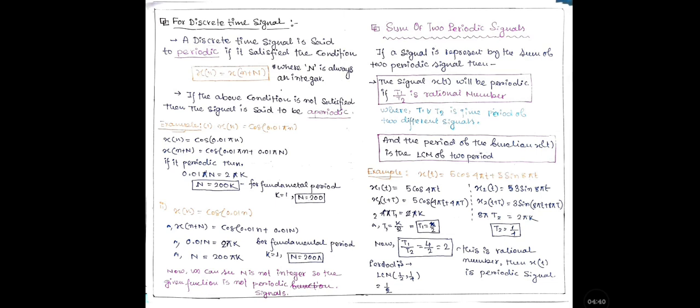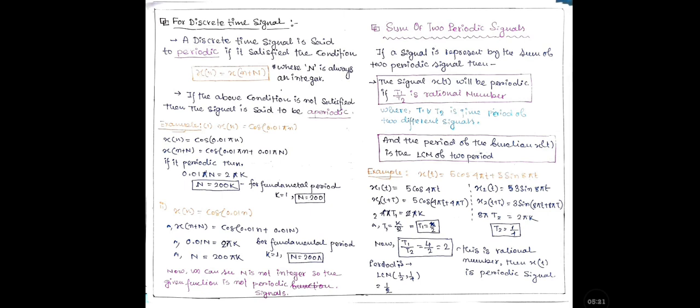For the first example, after solving, we get N = 200k, and for the fundamental period, k = 1 and N = 200, an integer, so this is satisfied and it is a discrete time periodic signal. For the second case, we get N = 200 pi k, so the fundamental period is 200 pi, which is not an integer, so this is an aperiodic signal for discrete type signals.